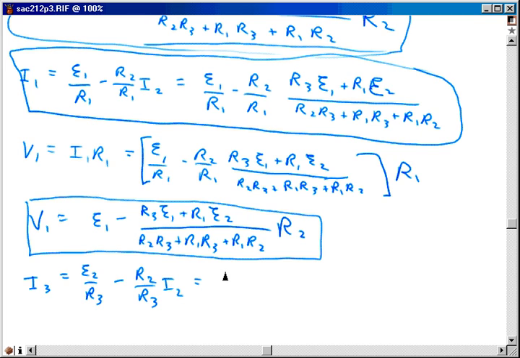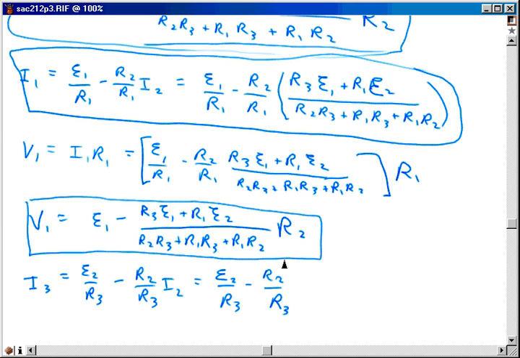So that's E2 over R3 minus R2 over R3 times what we got for I2, which is this expression right in here.